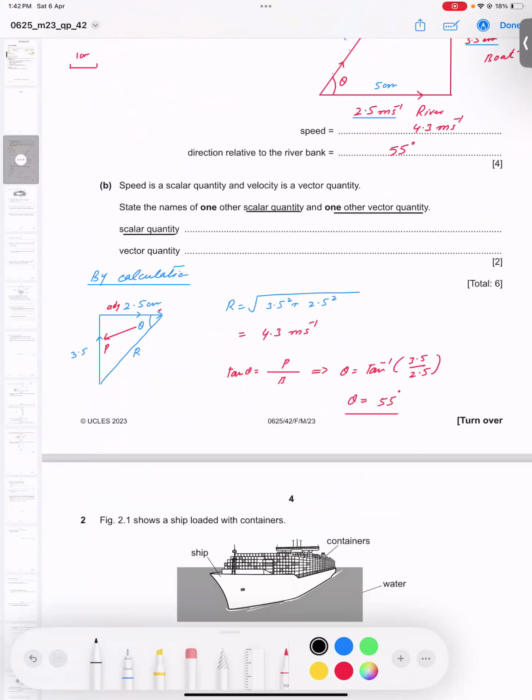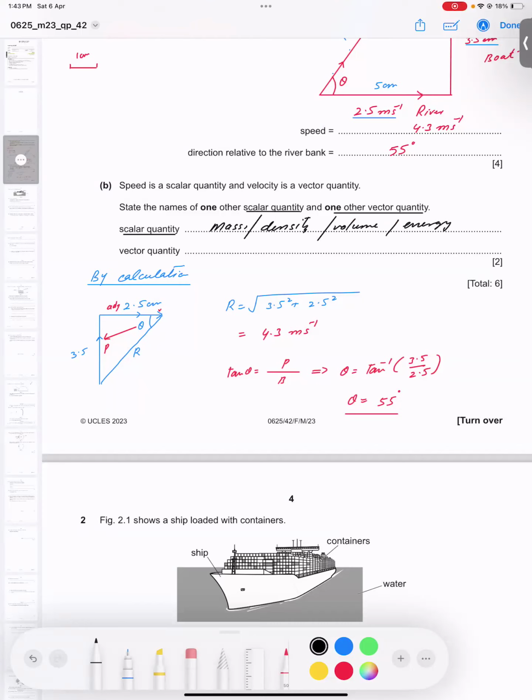So we have multiple options, many names you can write. For the scalar, I can write mass is a scalar, density is a scalar, volume is scalar, energy is scalar, power is scalar. So many options you can use.